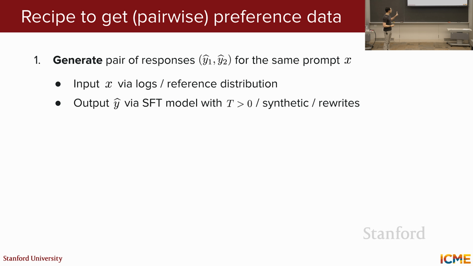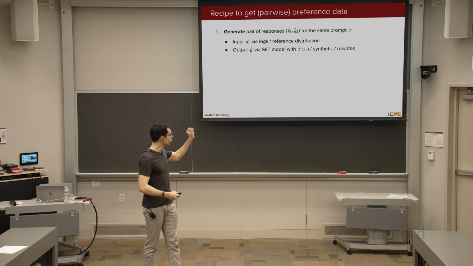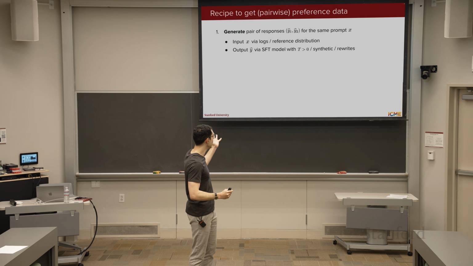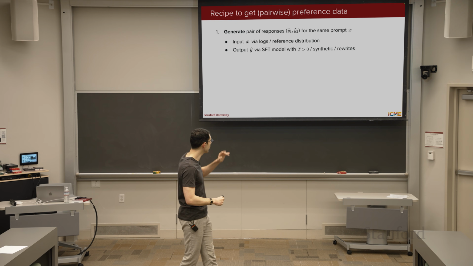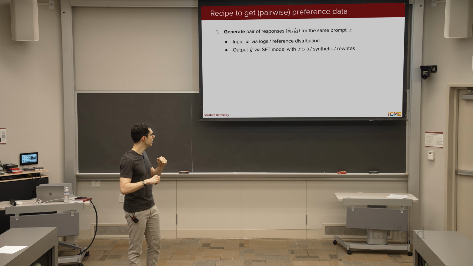In order to generate a pair of responses, first you need a prompt. And we've seen previously, I think in lecture 3, that what you could do was to generate different answers if you have a positive temperature. So typically what people do is they put this prompt twice into the model with a positive temperature, and then they can get two different answers.